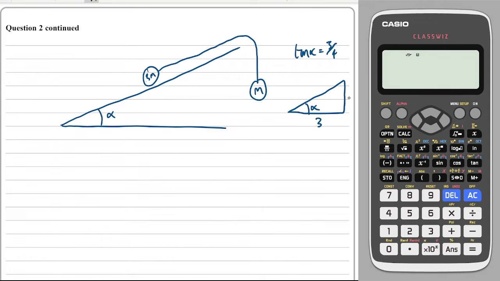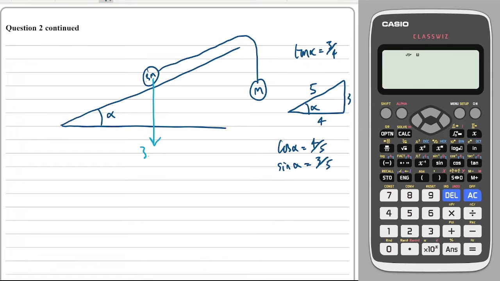This would be 3 because it's the opposite, that would be 4 because it's the adjacent. 3, 4, 5 triangle because of Pythagoras, so that tells me that cosine alpha is the adjacent over the hypotenuse and sine alpha is the opposite over the hypotenuse. Right, very useful.